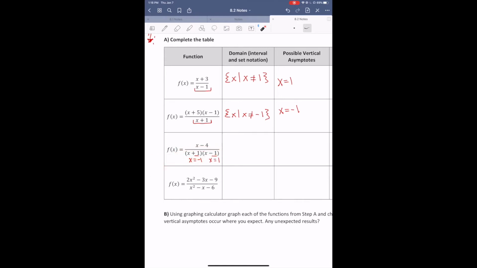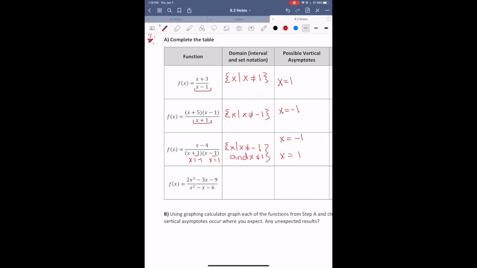So because we have x equals negative 1 and x equals positive 1, that means we have two separate asymptotes. Okay, so yes, there can be more than one vertical asymptote in this case. Domain, we would define as x cannot equal negative 1 and x cannot equal positive 1.